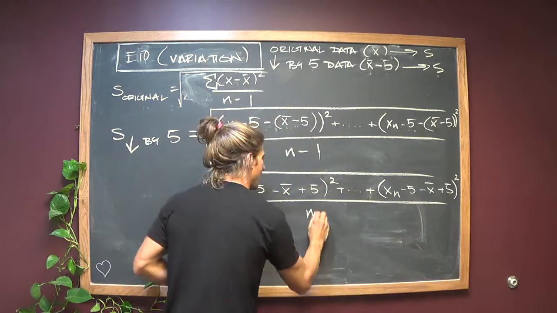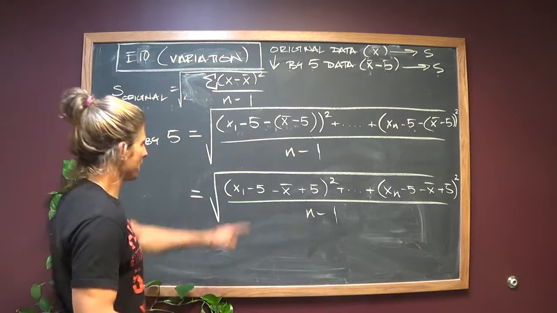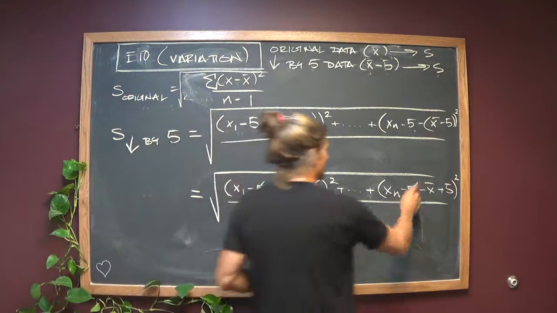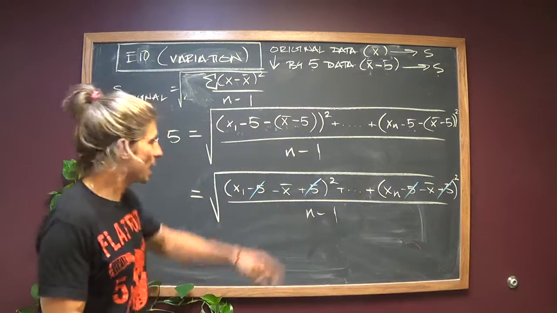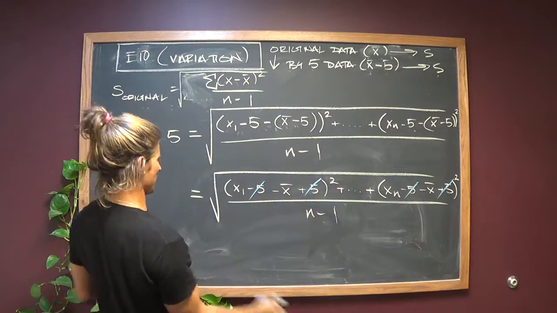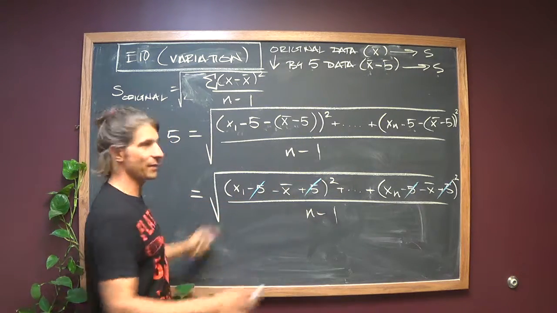And we're still averaging that. Well, now we get happy, because there's a subtracted 5 and an added 5 term that cancel. In every single one of those squared quantities, you're going to have a negative 5 and a positive 5 canceling each other.